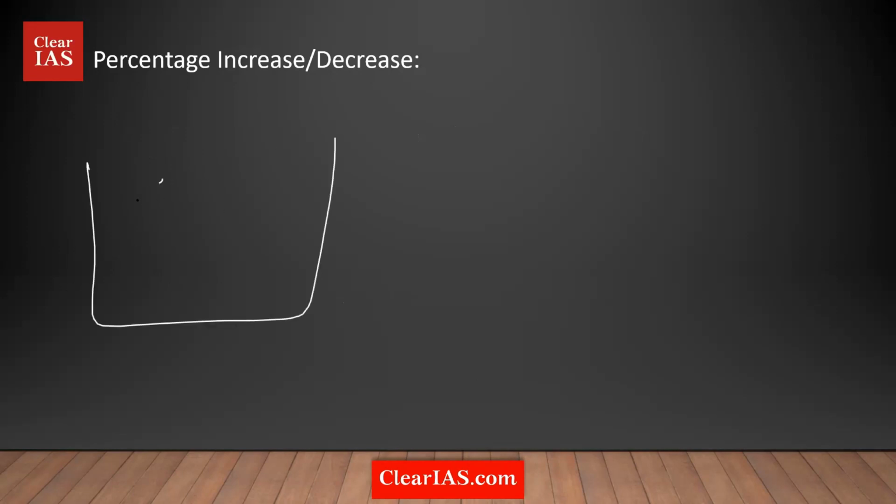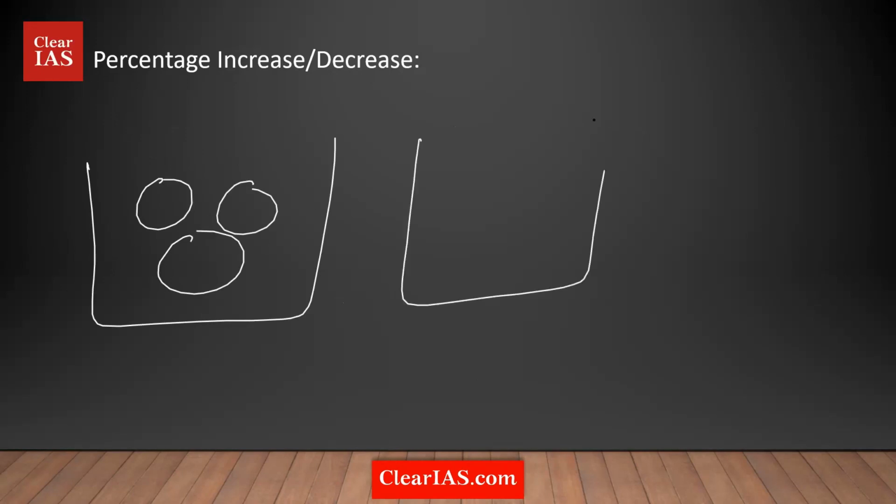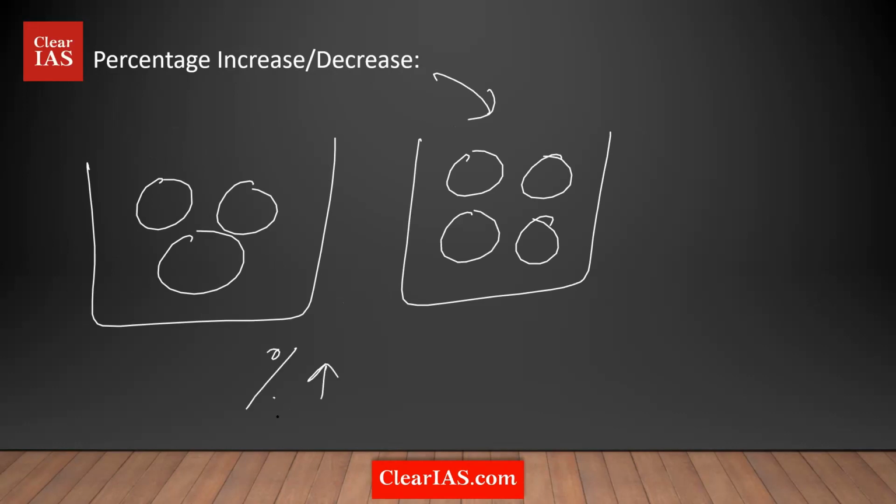Okay, so now it's time for a question. Simple question. Let's say there are 3 apples in the basket and I'm adding one more apple to it. So now you have 4 apples in the basket. What's the percentage increase in the apples? We have 20 seconds to comment in the chat box. You have 3 apples in the basket. You're adding one more to it.